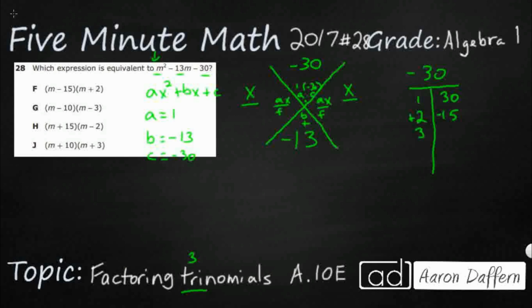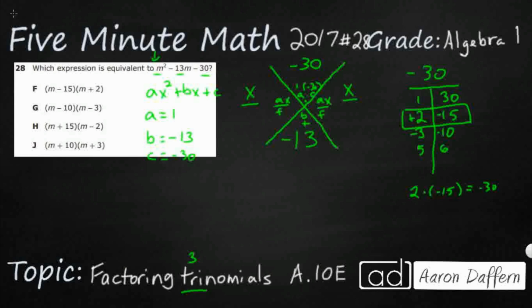Let's just see. Yeah, if I did a 3 and a 10, I'd have to do both negatives. Adding both negatives would give me negative 13, but that would multiply me to a positive 30, so I don't need that. And then 5 and 6 just don't work. Yeah, okay, so we're dealing with this right here. So 2 times negative 15 is going to get me negative 30.